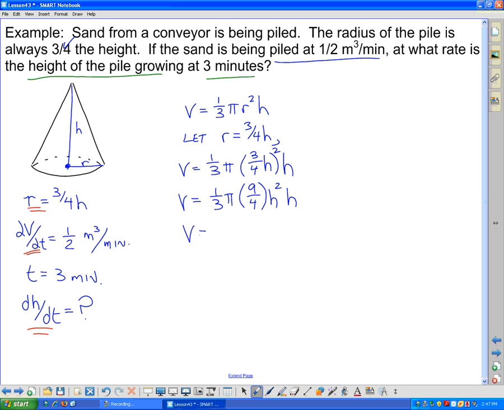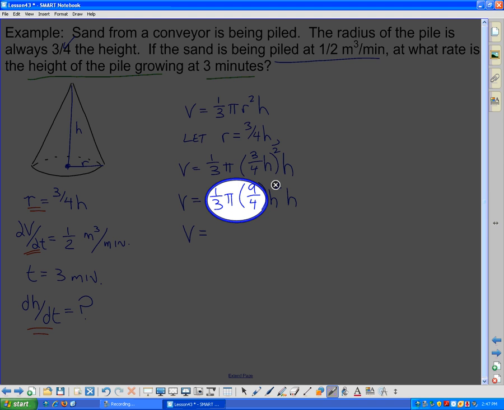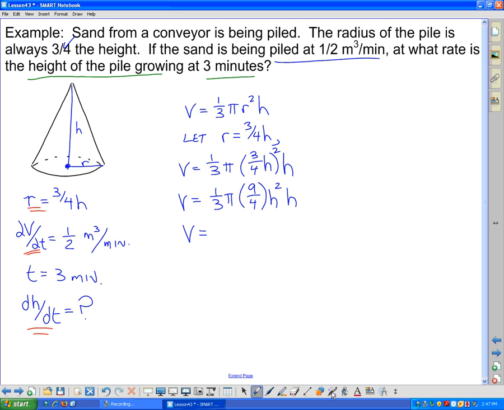So cleaning up my volume formula, my volume will be 9/3. Okay, I'm going to reduce this a little bit here. So I'm going to end up with 9/12, divided top and bottom, so you end up with 3 pi over 4, and that's going to be multiplied by h cubed. Oops.